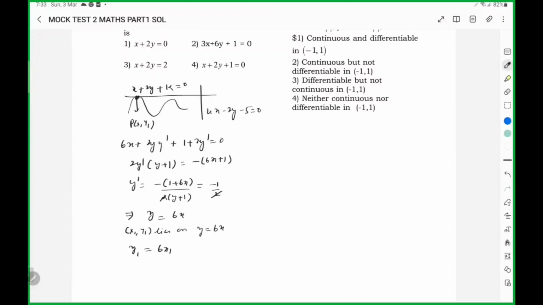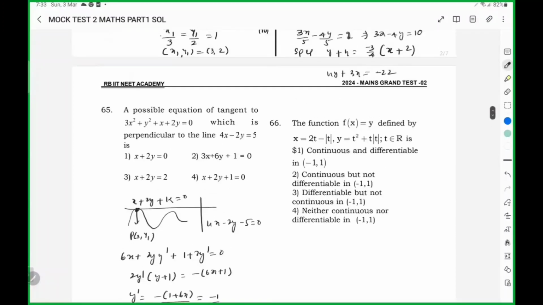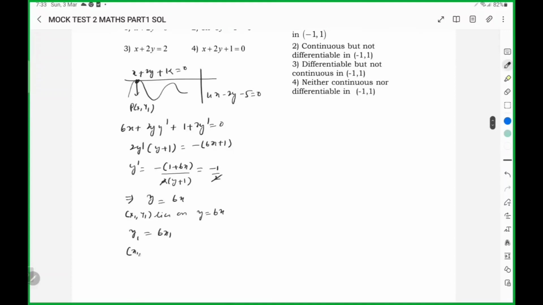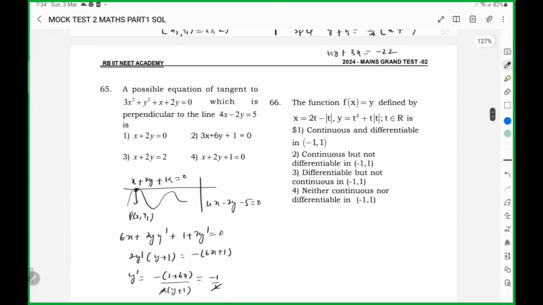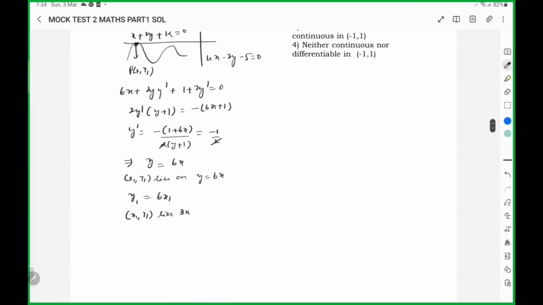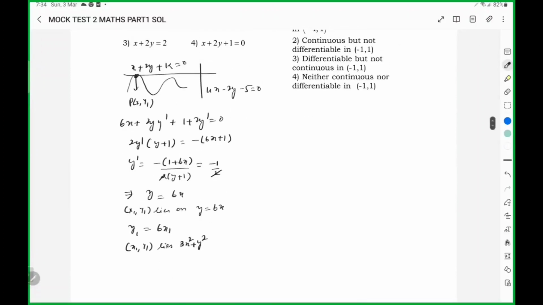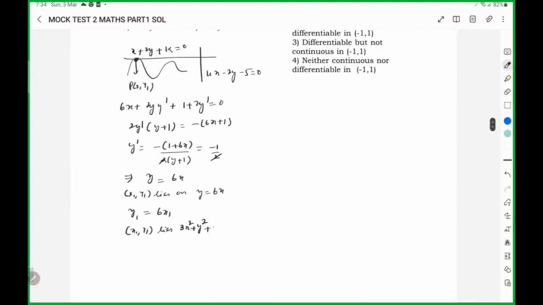Now, to find out k, we have to find that point x1, y1 lies on 3x square plus y square plus x plus 2y equals 0. 3x1 square plus y1 square. Here y1 is 6x1.